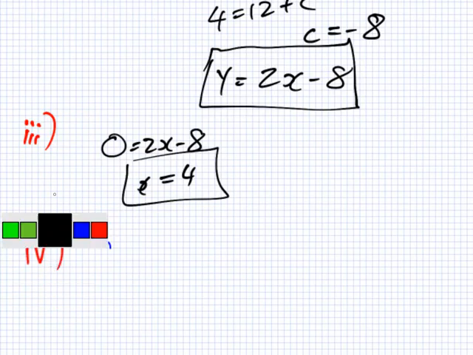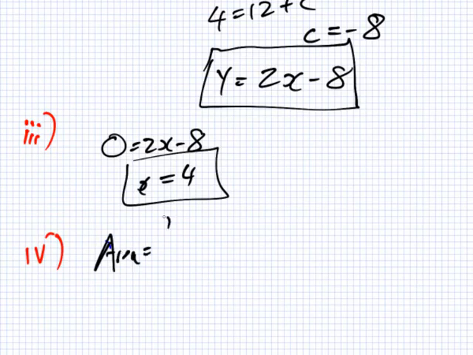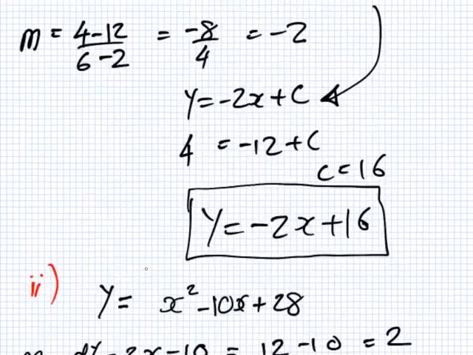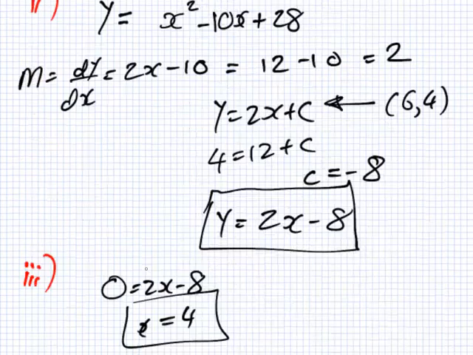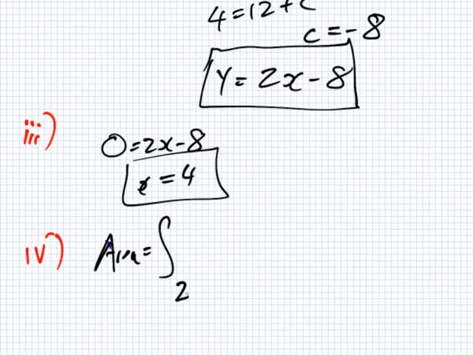Right, so if you remember, when you want the area between two curves, it's the upper curve minus the lower curve. So the area will be from 2 to 6. And which is the upper piece, the line or the quadratic? The line, yeah.